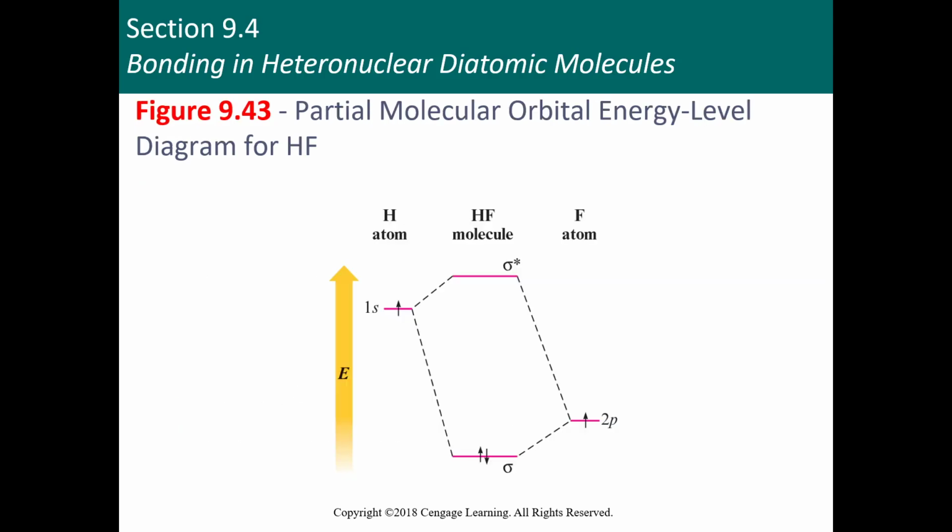So you get a very, very different behavior. Right here we have the example of this orbital energy level diagram for HF. Here we have hydrogen, which again has our 1s orbital with one electron in it. Here we have our fluorine, our unpaired electron, in our 2p orbital. It's the only unpaired electron.